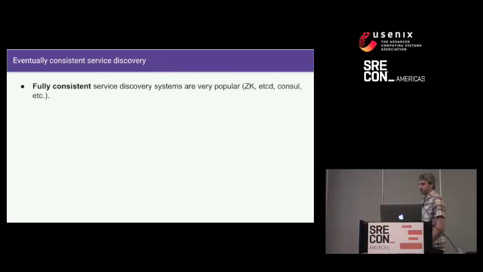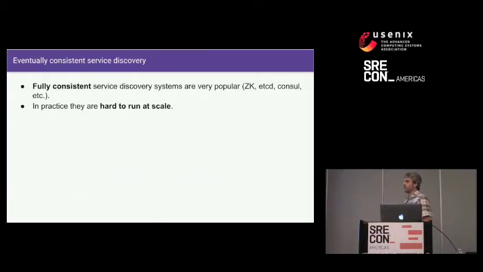Let's talk briefly about service discovery. Most companies historically do service discovery using very popular systems like Zookeeper, etcd, Consul. What I've always found interesting about this is that these systems are fully consistent. And from my own experience, these systems are typically hard to run at scale.